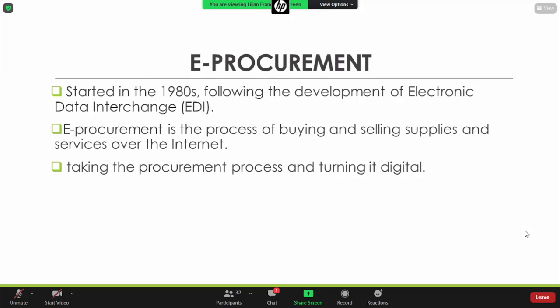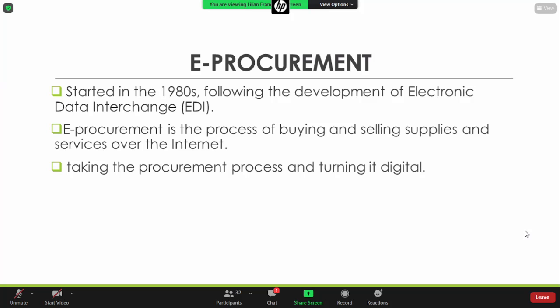In other words, e-procurement o electronic procurement, kung ibig sabihin ng procurement ay process of acquiring resources, input, dito naman ganun pa rin pero through internet and other virtual networks in order to conduct their normal procurement activities. And para ma-improve din yung speed and efficiency ng isang procurement practices. Ang ginagamit dito ay yung mga web interface or some other kind of network system that connects suppliers and customers.